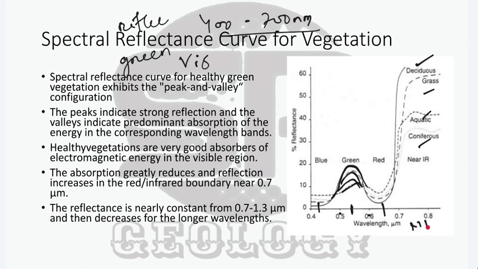This is the NIR band, near infrared band. So what happens in green color? You can see the peak in green color, but the highest reflectance is showing in what? Near infrared. Why? Because in near infrared, what happens?